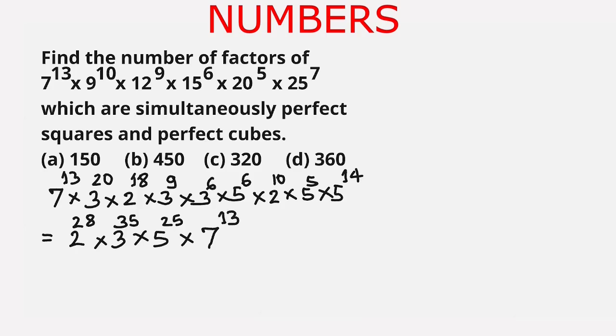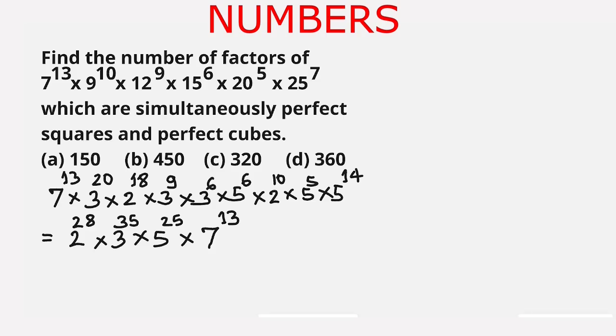Now we have to make the factors which are simultaneously perfect squares and perfect cubes. So that number must have power 6, because power 6 can be converted as perfect square as well as perfect cube, which I am explaining you.